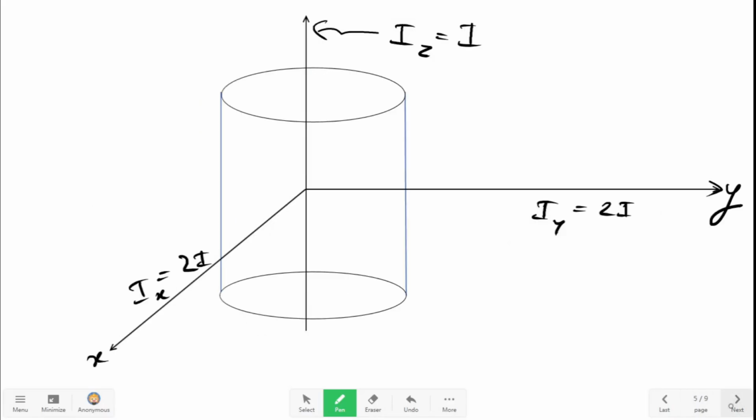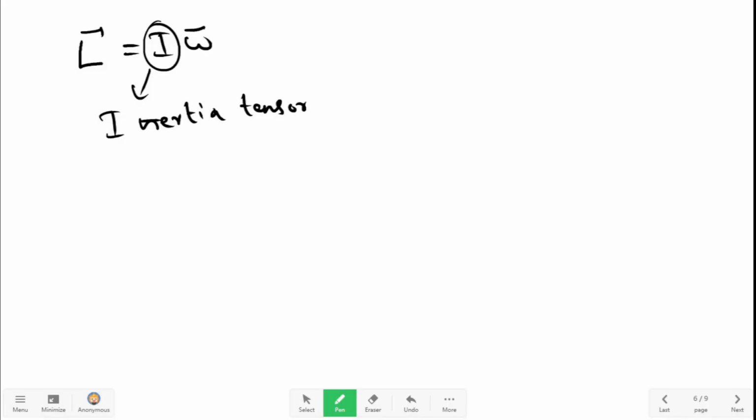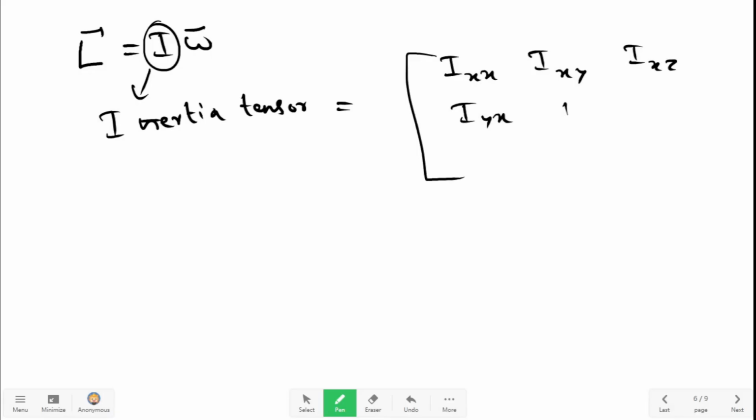Now to get angular velocity, we can use the relation L is equal to I omega. Here I is the inertia tensor, which is equal to Ixx, Ixy, Ixz, Iyx, Iyy, Iyz, Izx, Izy, Izz.